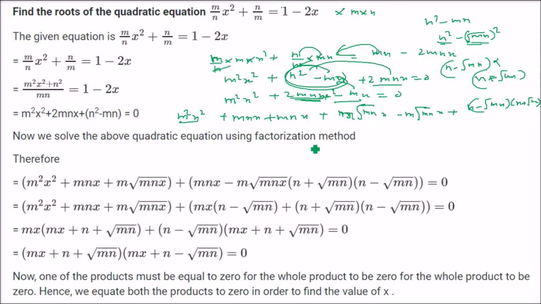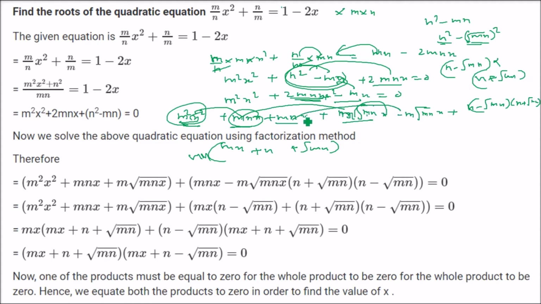So now see, this one and this one, take these three and take mx common. If you take mx common from here, it will be mx. If you take mx common here, it will be n. If you take mx common from here, it will be under root mn, right? Now this you have taken from all these, because this you already took.